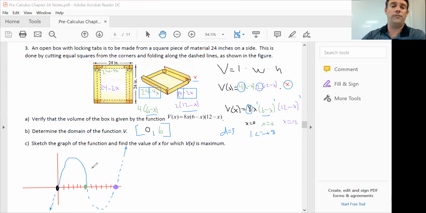Sketch the graph of the function and find the value of x for which v of x is a maximum. All right, so we know our maximum is going to be somewhere out here. So just a real quick brief view of how to use our graphing calculators.